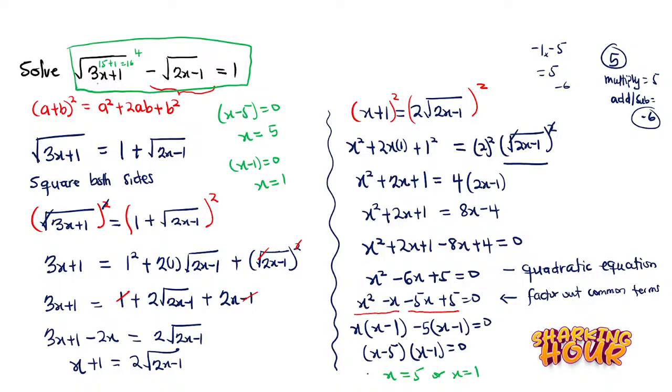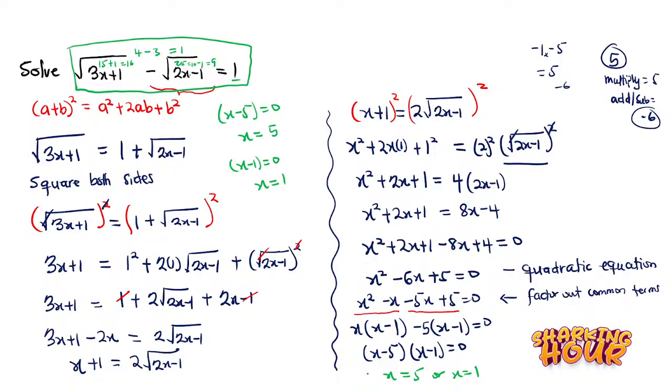Then we have minus: if I put 5 over here, 2 multiplied by 5 gives me 10, then 10 minus 1 gives me 9, and the root of 9 is 3. So I will have 4 minus 3, which is definitely equal to 1.